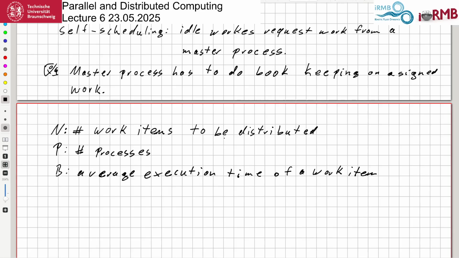Average means what we are doing now is not necessarily very accurate. And now it has sigma. Sigma of P is the dispatch time of a work item.